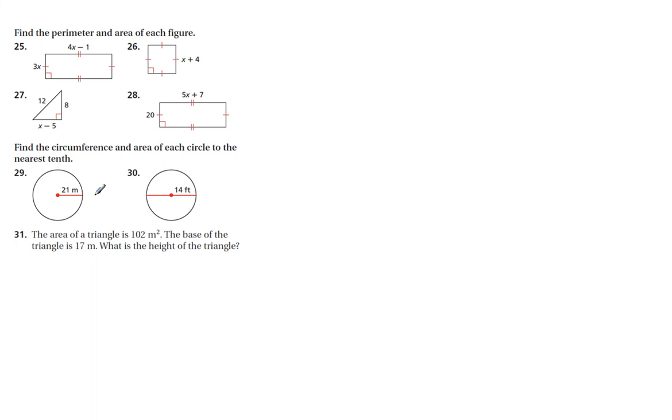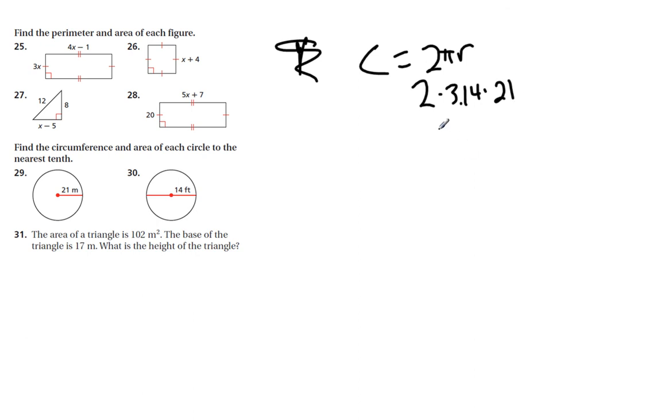Alright. The 5th one, which I guess is this one. Circumference and area of the circle. It's the nearest 10th. You had to pick the one with the big number. Alright, so that's the circumference first. Gives us the radius, so let's use the formula. 2 pi r. So we get 2 times pi, or 3.14, times 21. So that gives us 42 times 3.14, which gives us, I don't know, about 127.